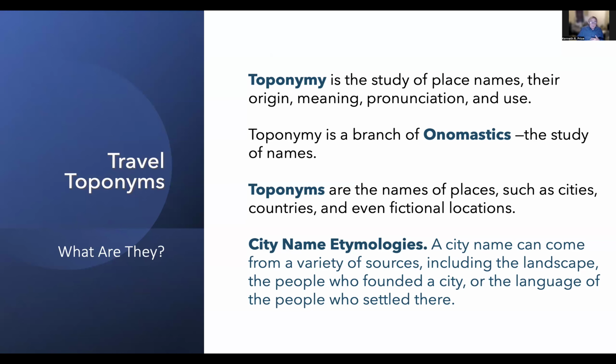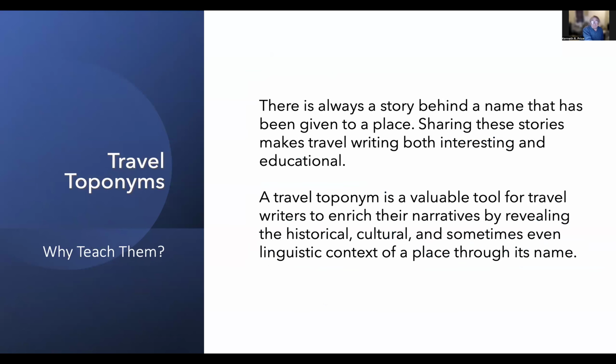And for me, this is the most interesting part of travel writing: the story behind the name itself. You can share these stories in your travel writing, making it more interesting as well as educational. With travel toponyms, it's a valuable tool for travel writers to enrich their narratives.